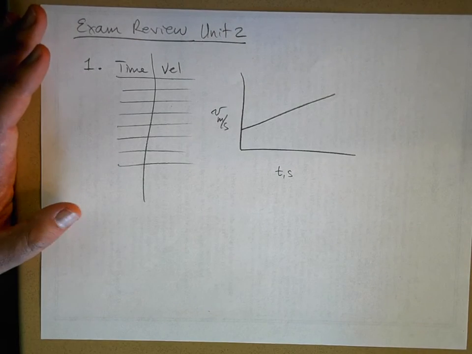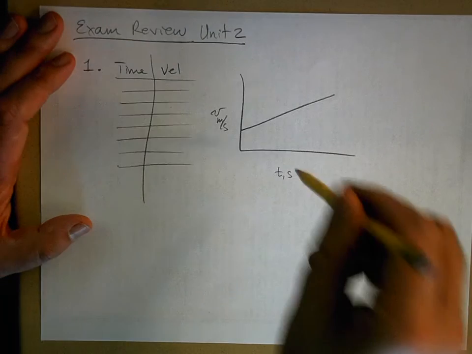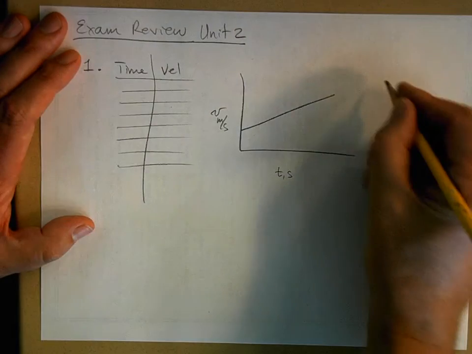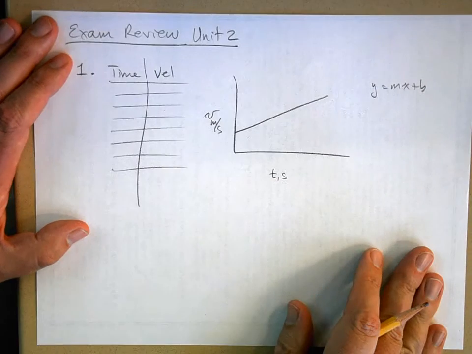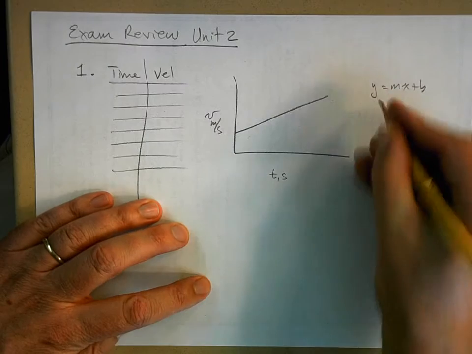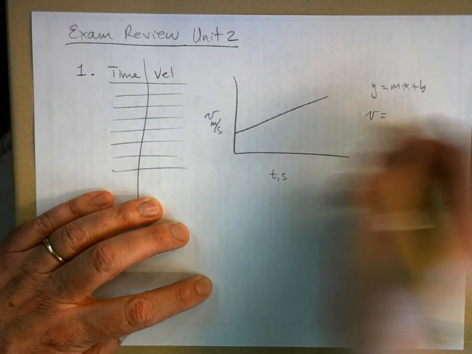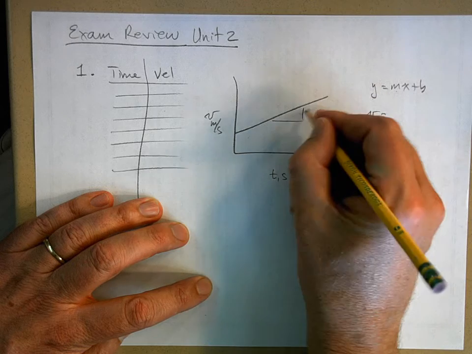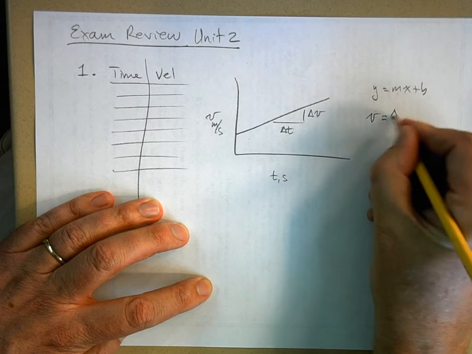The next thing I'm going to ask you to do is to create a mathematical model for this equation. Remember that y equals mx plus b. And so y is going to be your velocity axis, equals the slope. Well, what is slope? It's the rise over the run, delta v over delta t.